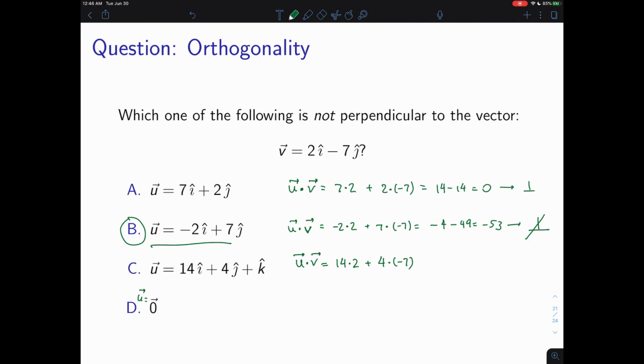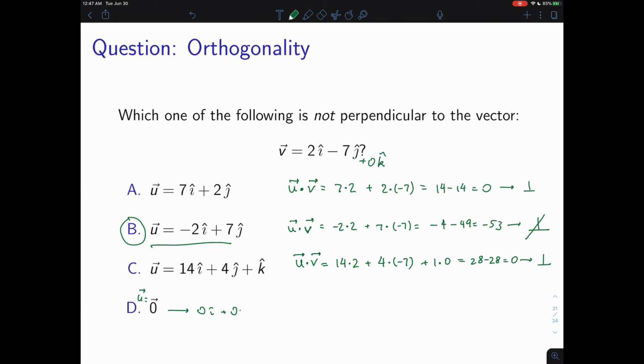And, well, let's see. I've got a 1k here, and I didn't really write k for v, but let's just stick in a 0k. Then I'm getting 1 times 0. So I'm getting 28 minus 28. That's 0. So these vectors are perpendicular.